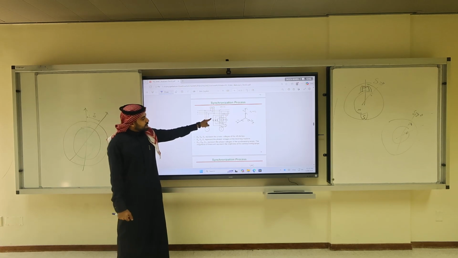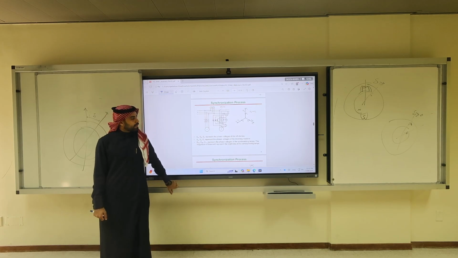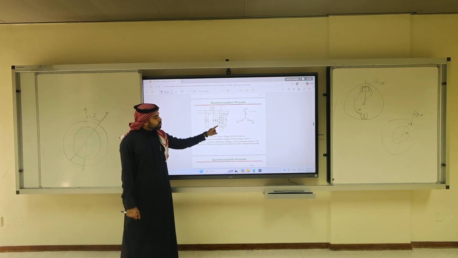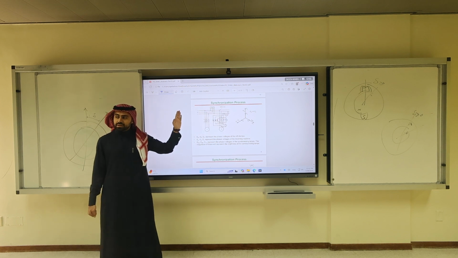You first connect 3 different light bulbs. And these light bulbs, they would be on. You connect your generator to the light bulbs to the line. When the light bulbs turn off, you connect the switches, and this is synchronization.